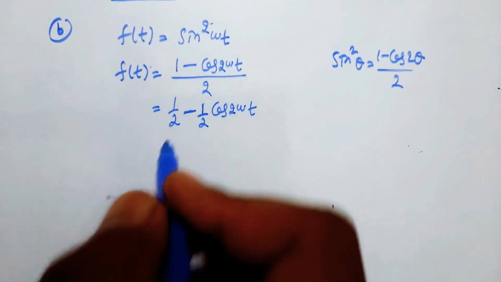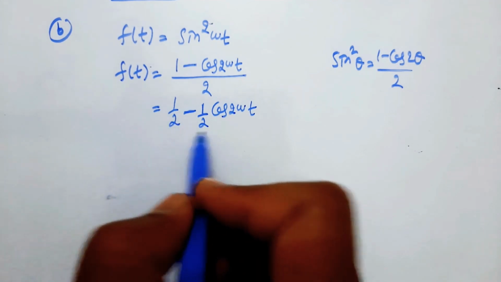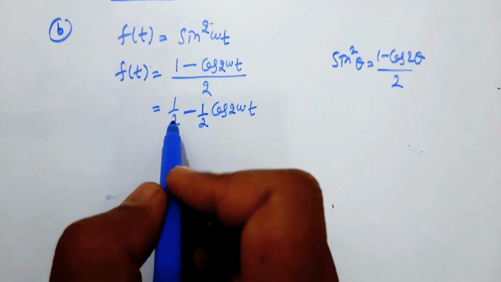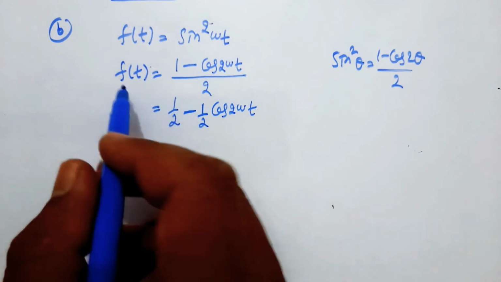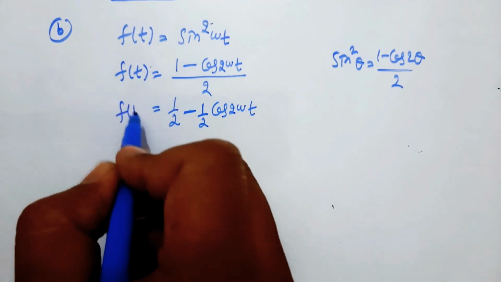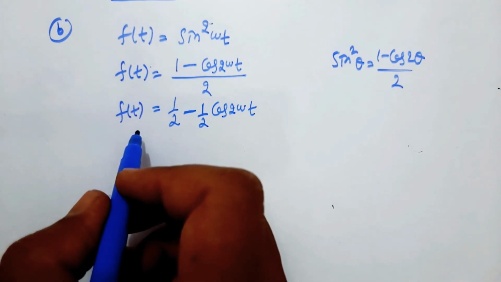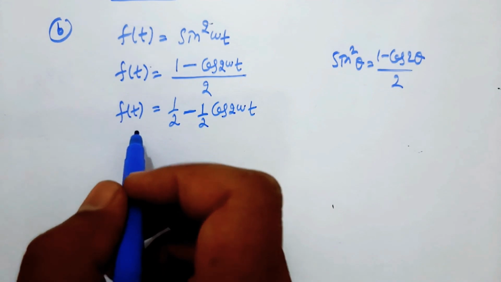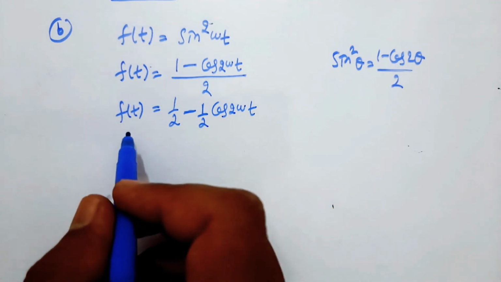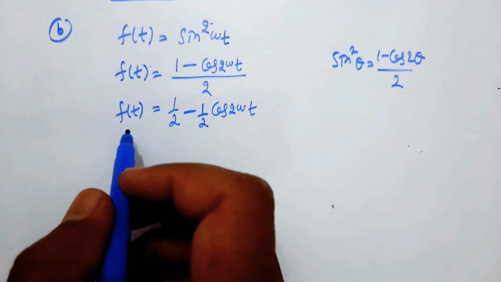So it is not a complete cosine function, since we have an extra term, 1 by 2. So it is not a simple harmonic function. The function f of t does not represent simple harmonic motion, but it represents periodic motion.